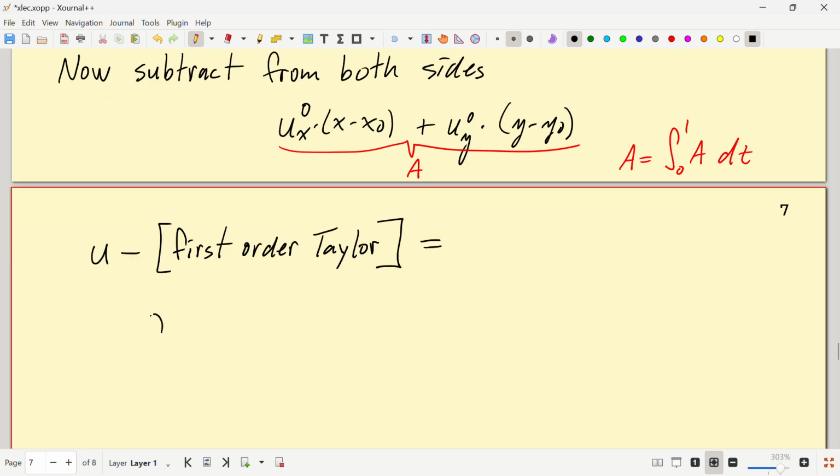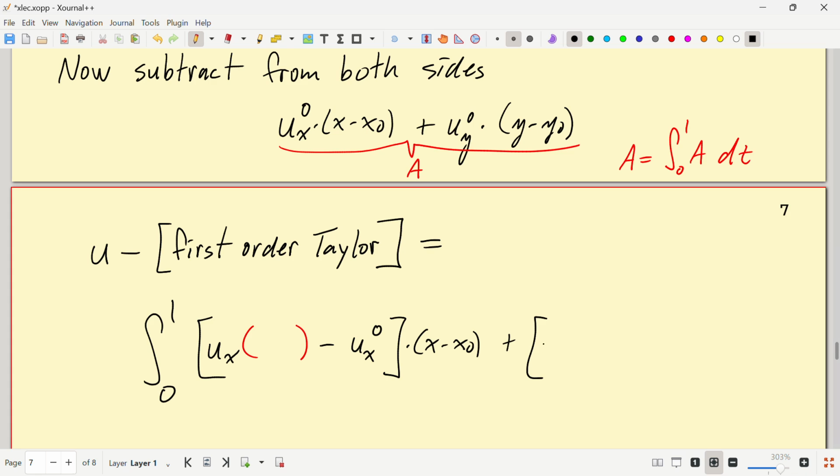Namely, it's the integral from 0 to 1 of du/dx at the red stuff minus a constant, du/dx at naught, all times x minus x naught, and then the other one I would get du/dy at the red stuff minus du/dy at naught, times y minus y naught, dt. That's my R thing.